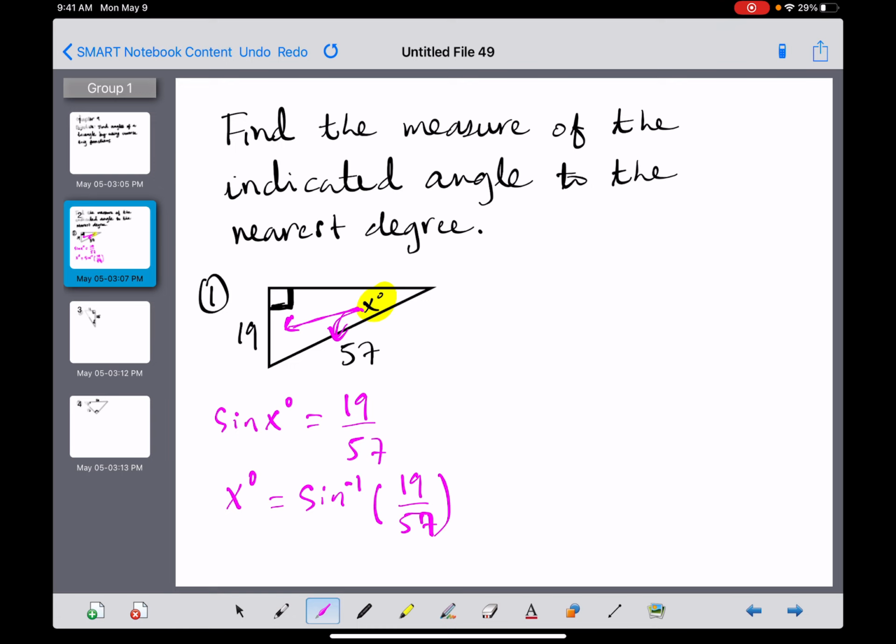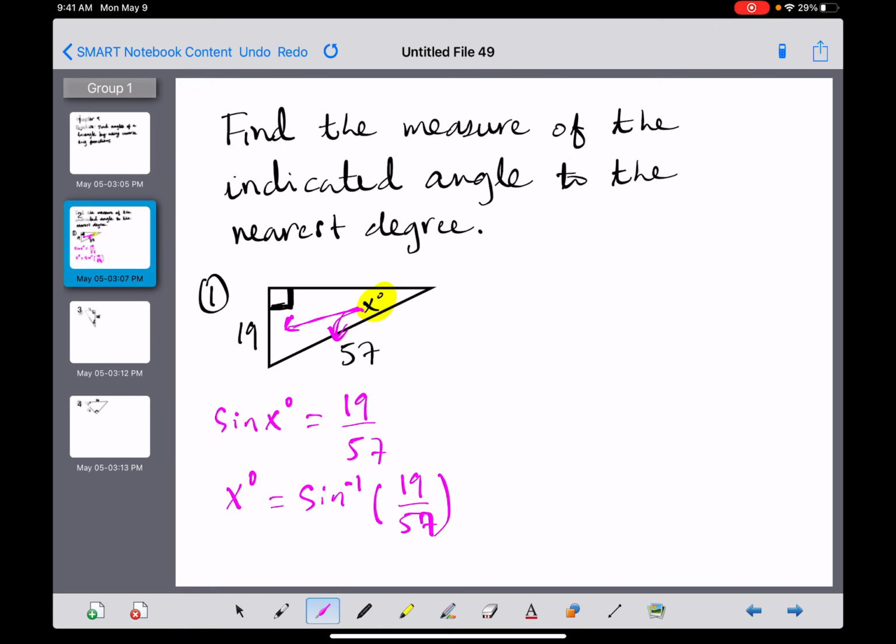When you look at your calculator, you see the second or the shift button in a different color. You want to press that first, then press sine, and that's going to bring up your inverse functions. Now you're going to press 19 divided by 57 and then enter.